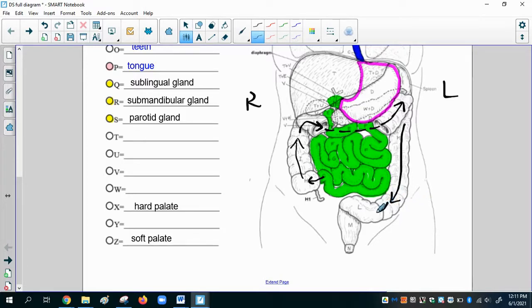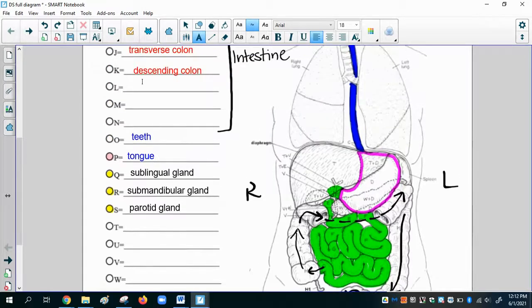We're going towards the center, but we're also going towards the back. So I'm going to kind of accentuate this S curve here because this part of the colon is named for that S curve. It is known as the sigmoid colon, and the Greek letter sigma is an S. So sigmoid colon for letter L.